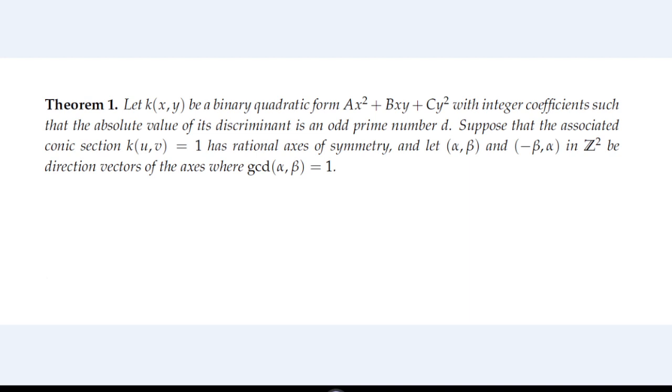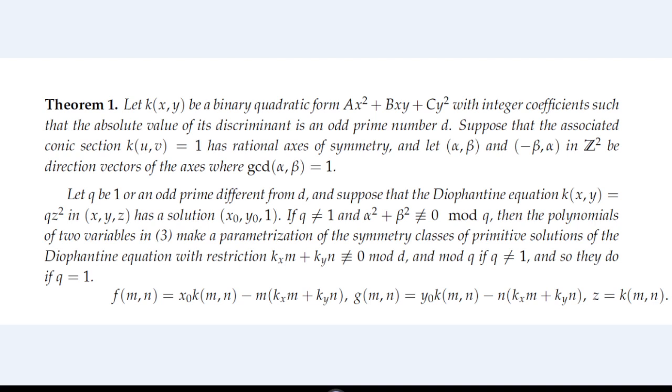Suppose that the associated conic section k(u,v) equal to 1 has a rational axis of symmetry, and let (alpha, beta) and (negative beta, alpha) in integer coordinates be direction vectors of this axis where the GCD of alpha and beta is equal to 1. I guess we understood all the terms of this part, and I'll say a bit more about the prime condition on the discriminant in a second.